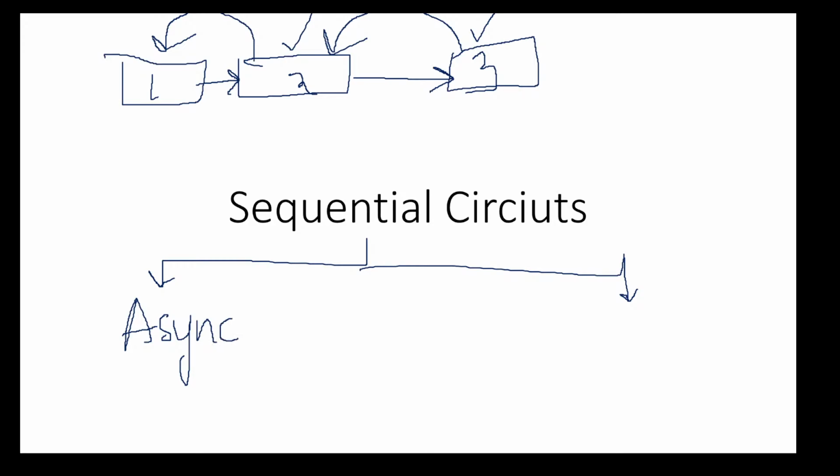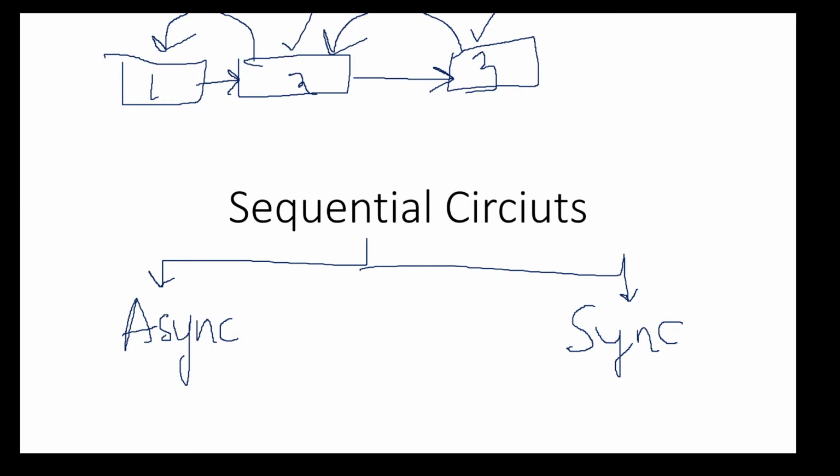Now we have two types of sequential circuits. One is called asynchronous, and the other one is called synchronous. Right, we have two types of sequential circuits. Now the name goes it all, right? So what is a synchronous circuit? Changes in the input signal affect the memory elements only upon activation of clock signals.